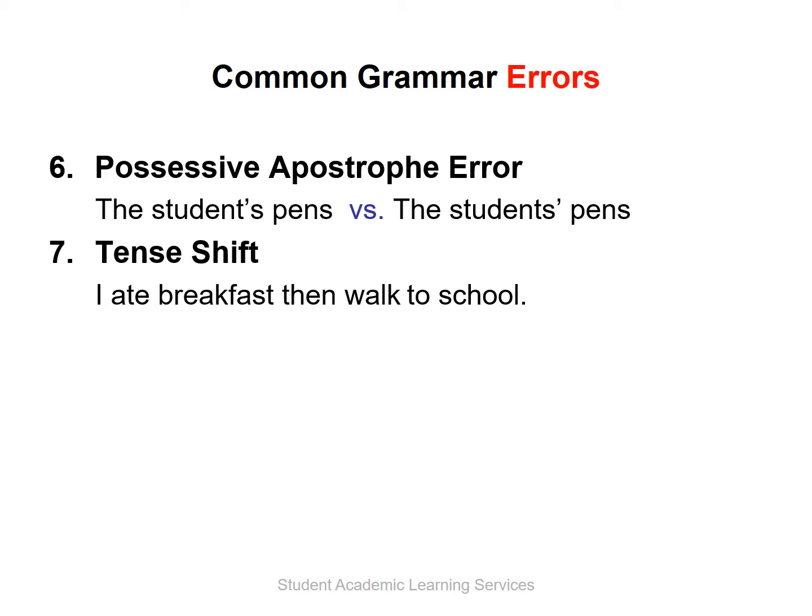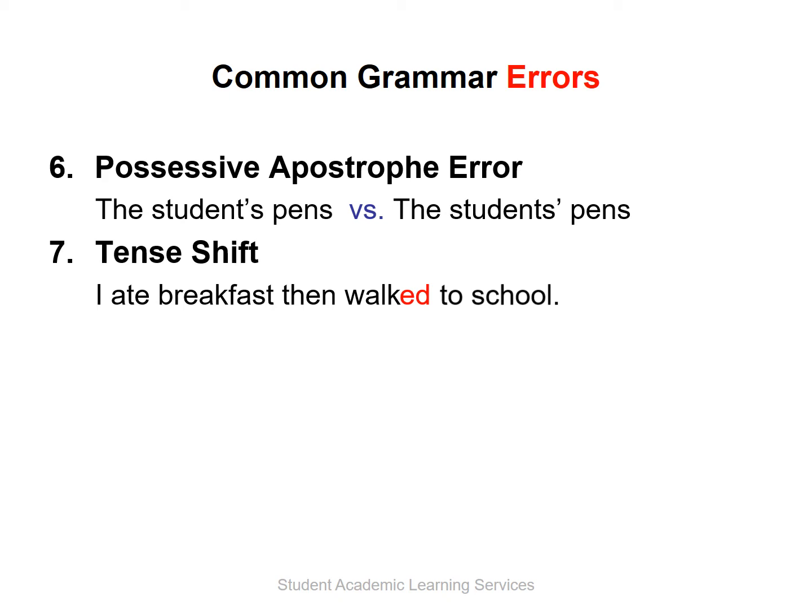Tense shift. I ate breakfast, then walk to school. You'll notice that the two main verbs in the sentence don't match. The first one, ate, is past tense, and the second one, walk, is present tense. Generally, when you're writing a sentence, we need to have the two tenses matching. So, for example, you could say, I ate breakfast and walked to school.